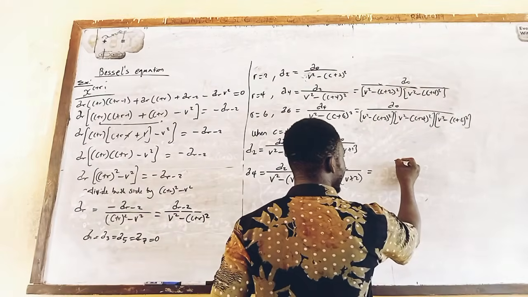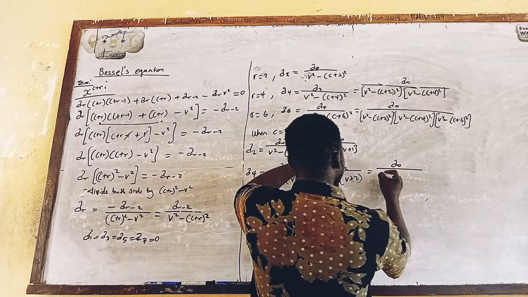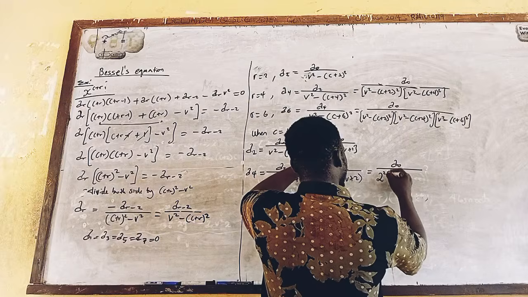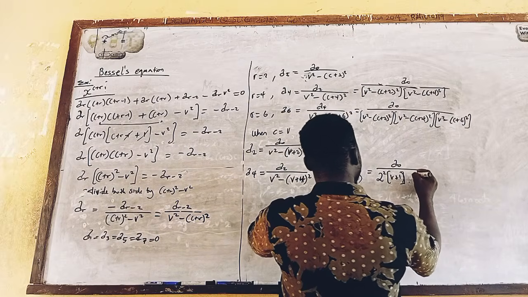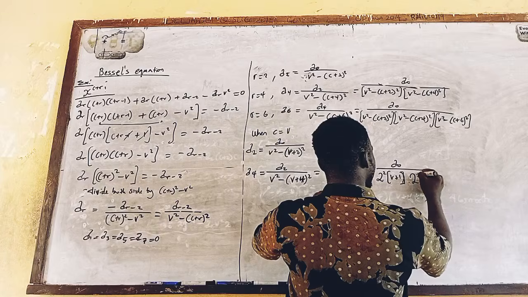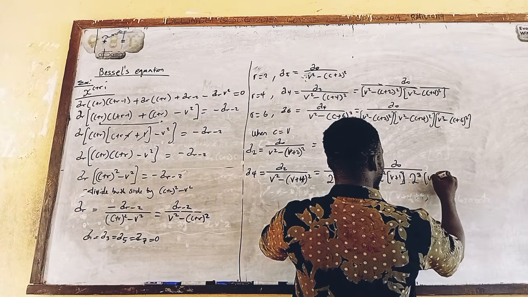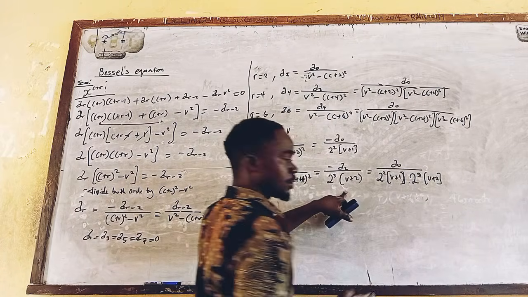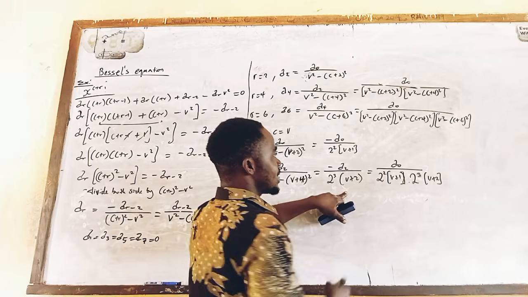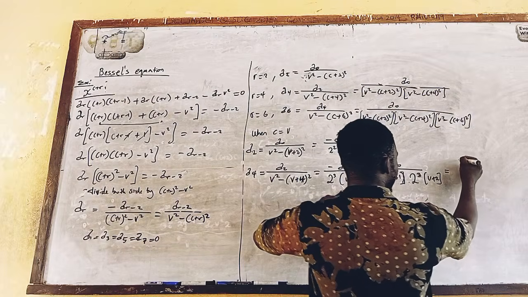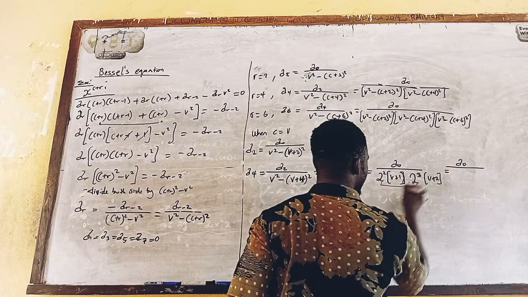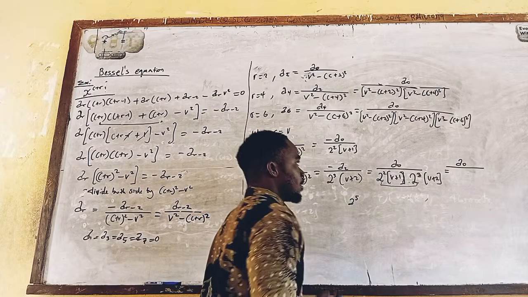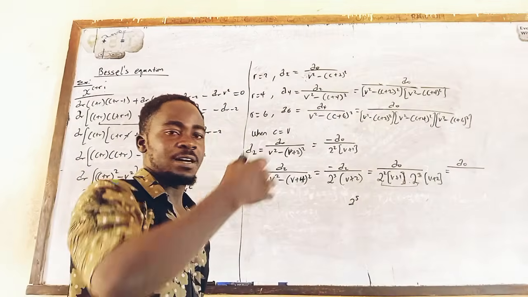So it's going to be a0 over 2 squared (v plus 1), multiplied by 2 raised to power 3 (v plus 2), which we are going to write as a0 over this multiplied by this. We have 2 raised to power 5.